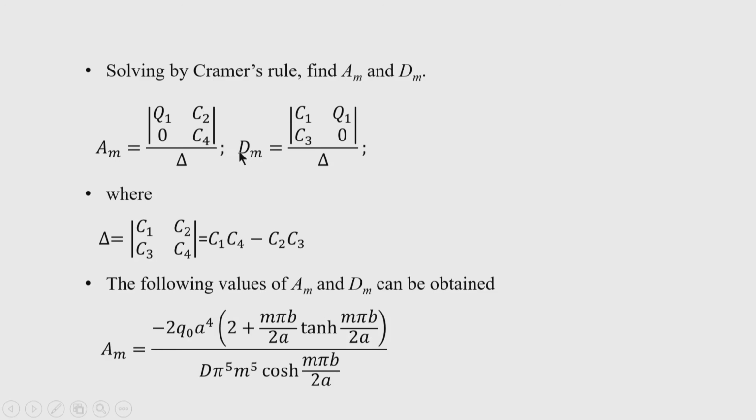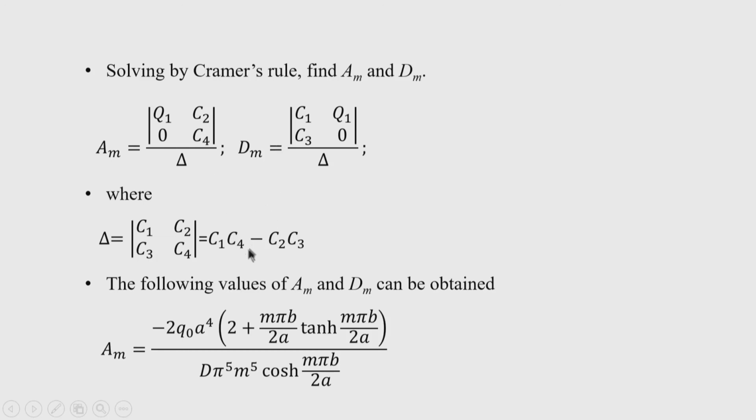Similarly, for the second variable, that is d_m, we get the second column as the forcing term Q1 and 0, and the first column with the coefficients associated with a_m, C1, and in the second row C3. Delta is the determinant formed by the coefficients, and it can be found out by expansion.